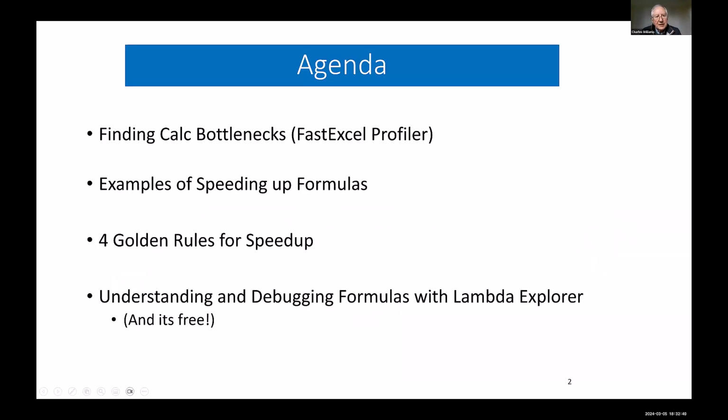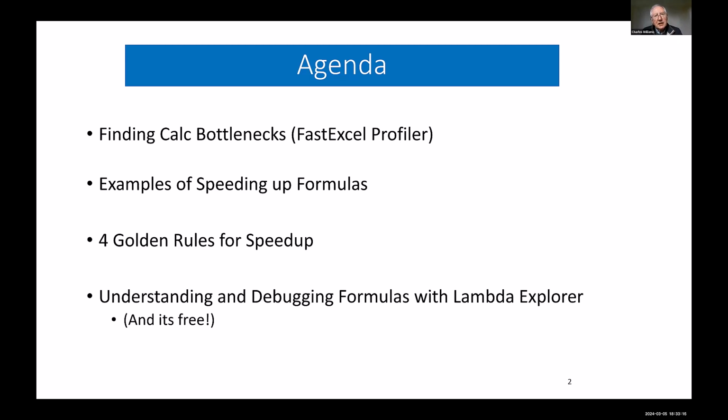So what we're going to talk about today is finding Excel calculation bottlenecks and speeding them up. We're going to start by using my Fast Excel profiler thing to try and show how to find the calculation bottlenecks in a workbook. If you already know where they are, of course, you don't need that step. Then we're going to work through a lot of examples of speeding up formulas.